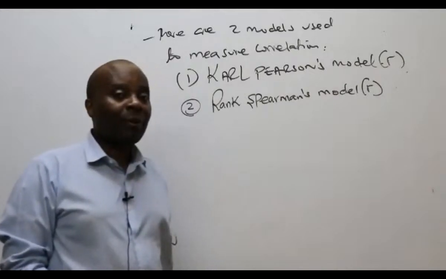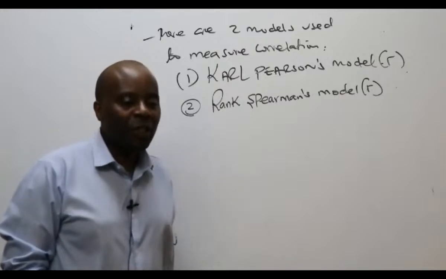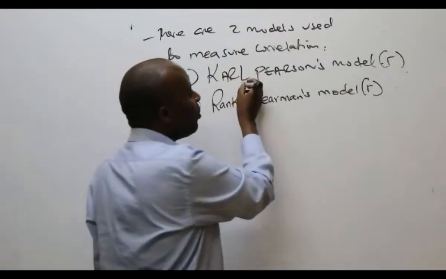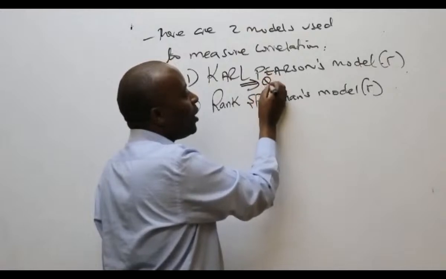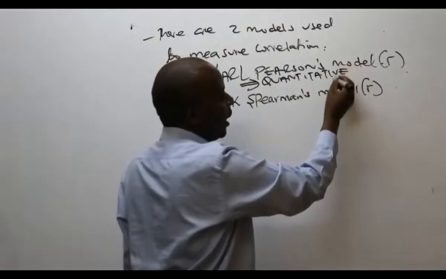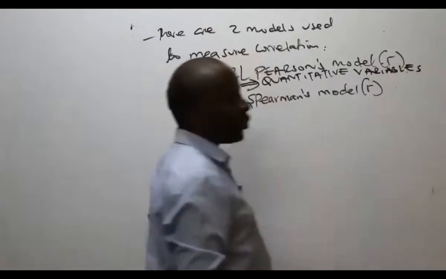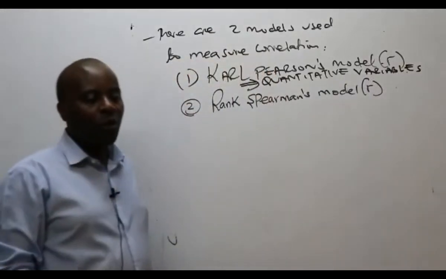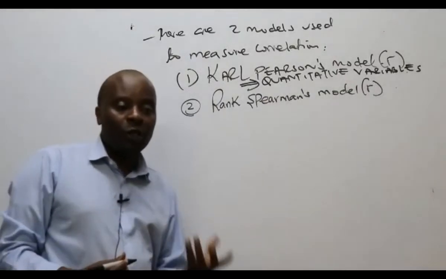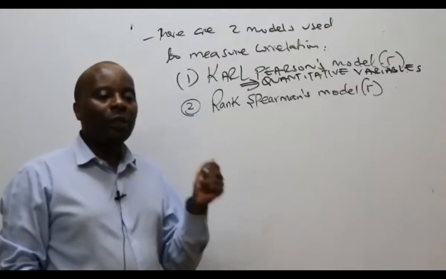If you look at your past papers, in most cases you'll be told to differentiate between these two correlation measures. Ladies and gentlemen, we normally use Carl-Pearson's model whenever the variables that we have are quantitative in nature. Quantitative means variables that I'm able to quantify, measurable or countable.